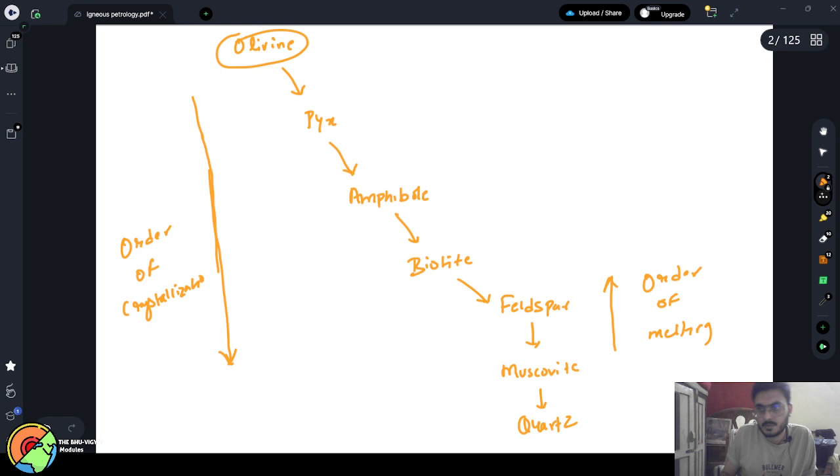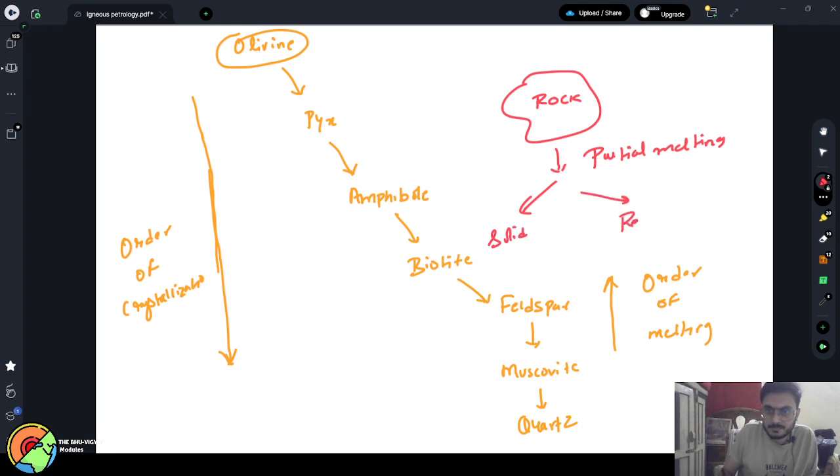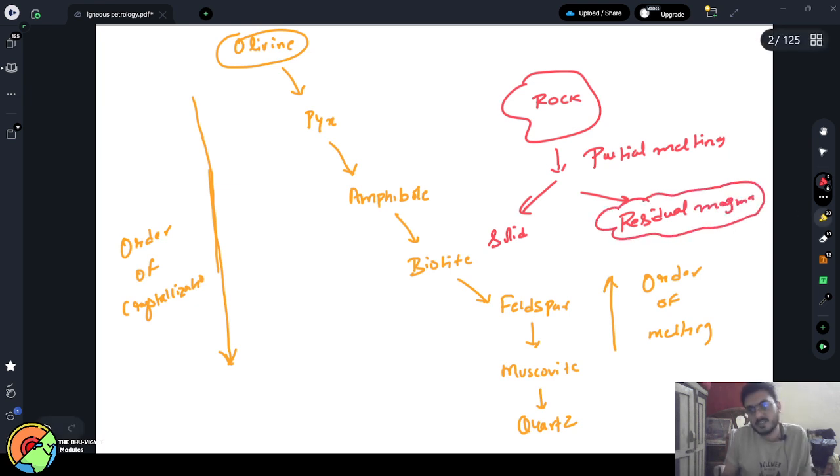Therefore, if partial melting is happening in any rock, you will get a solid and a residual magma. The minerals whose melting temperature is lower, like quartz, will melt first.